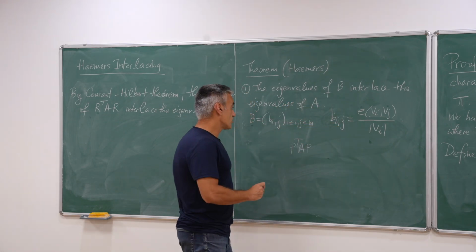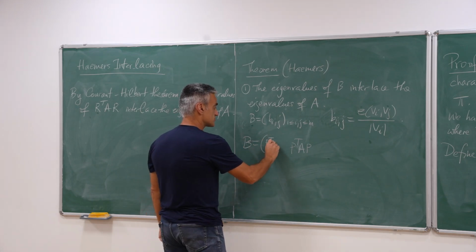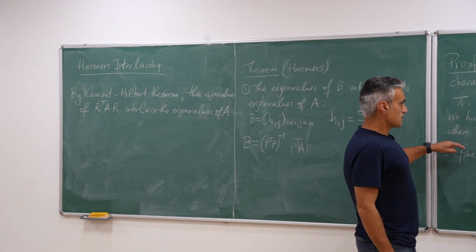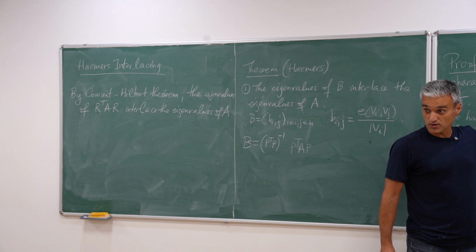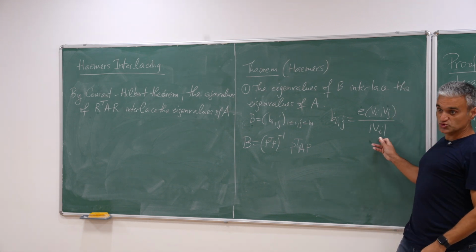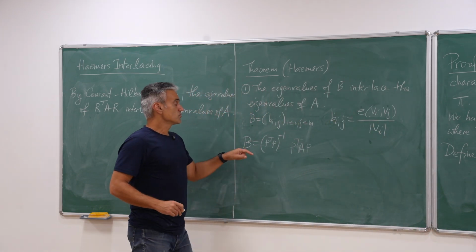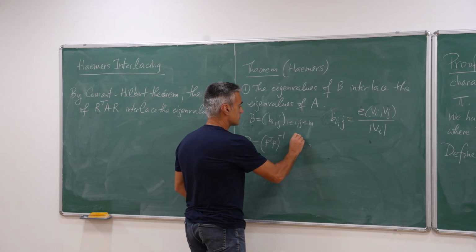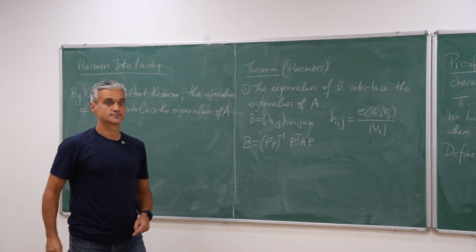So the matrix B will be something like P transpose P inverse. P transpose P will be this diagonal of the cardinalities of the sets V, and when I take the inverse, I just introduce this. So the matrix B will be P transpose P inverse times P transpose AP. Something like this.